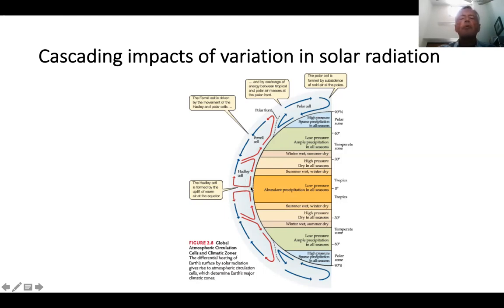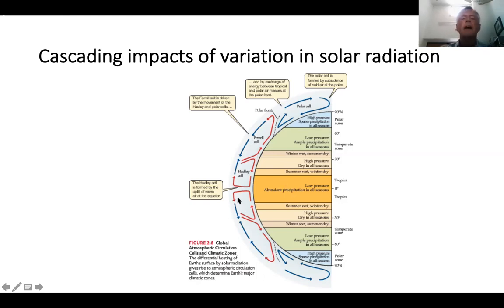The surface pressure at the equator is always low, and that's because the air is constantly being pushed upward. It's rising and expanding, and so the equator is always low pressure. Mid-latitudes are always high pressure. Higher mid-latitudes are always low pressure, and the poles are always high pressure environments, all right?